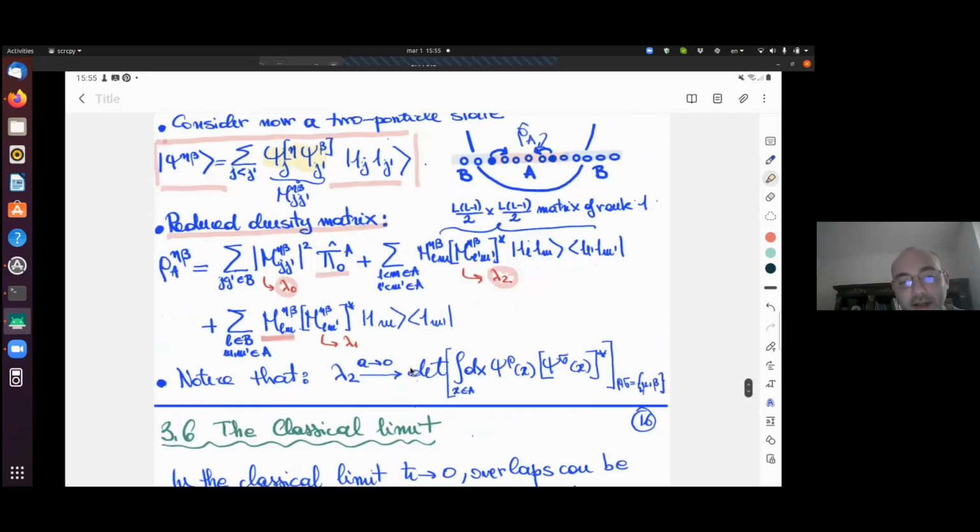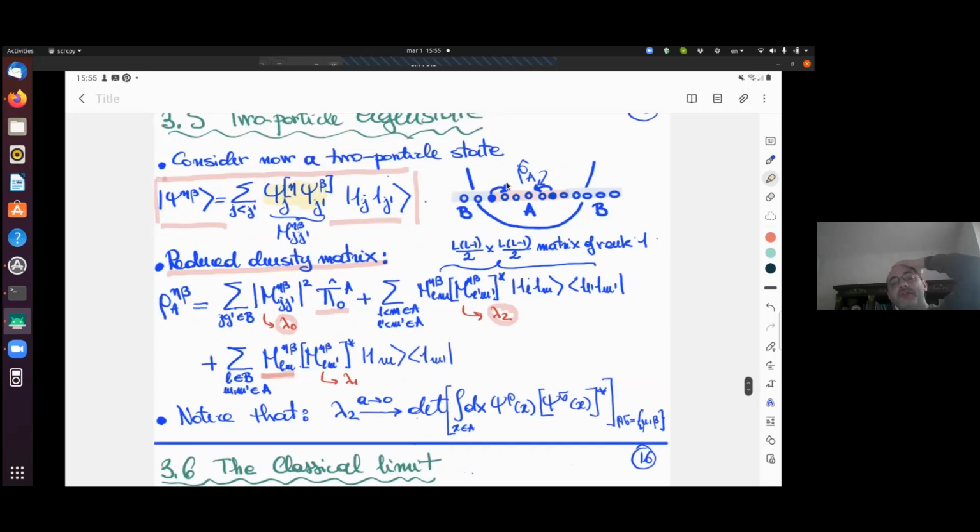It can be done because, for instance, if you observe the eigenvalue in the two particle sector, basically the probability to find two quantum particles within this region in an external potential, this probability, which is the eigenvalue lambda 2, is a determinant of wave functions integrated within this region, the region A, which is of interest.